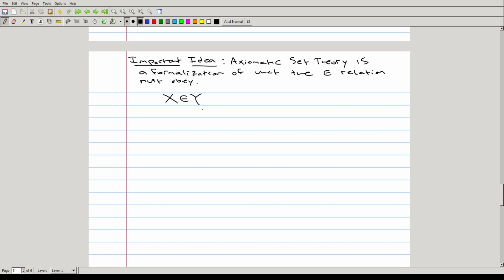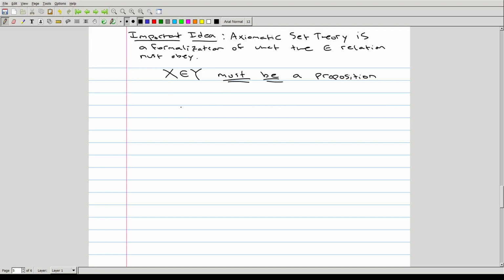If we write down that x is an element of y, first and foremost, this must be a valid proposition for all sets x and for all sets y. Which means x is an element of y must be either true or false.